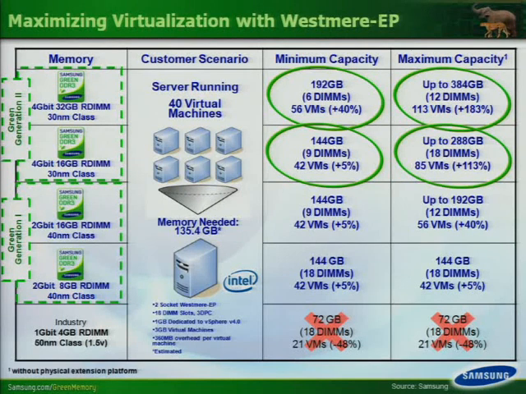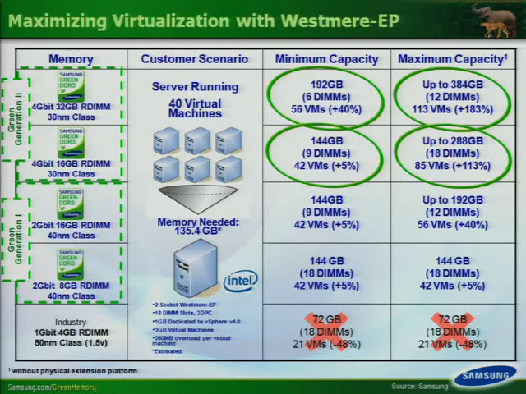Minimum capacity can go from 144 gigabytes up to 192 gigabytes. That translates to being able to address 42 virtual machines or up to 56 virtual machines. And then if you look at it from a maximum capacity, if you're using an 8 gigabyte configuration, without additional expansions, you're pretty much maxing out at about 144.